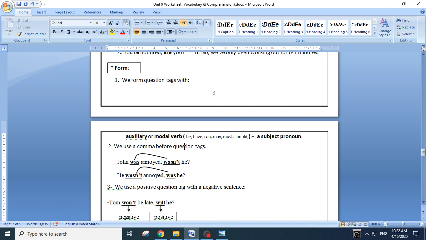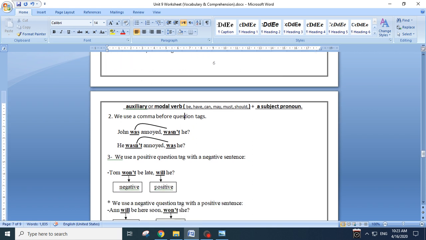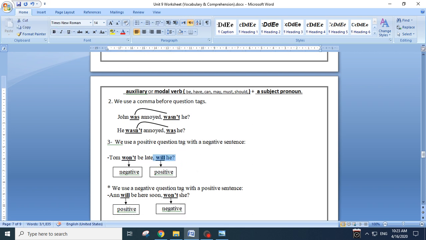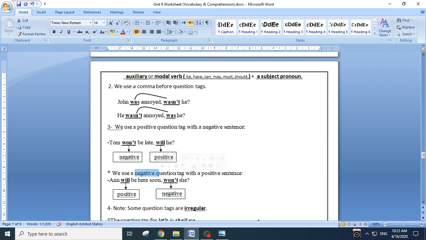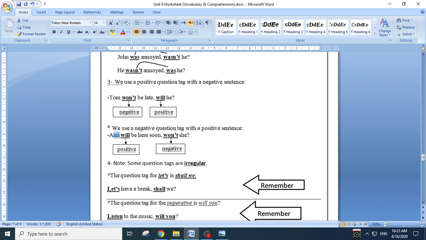We use a comma before question tags. John was annoyed, wasn't he? He wasn't annoyed, was he? We use a positive question tag with a negative sentence. Here negative, so here we used positive. If it was positive, we use negative. We use a negative question tag with a positive sentence: she will be here soon, won't she?